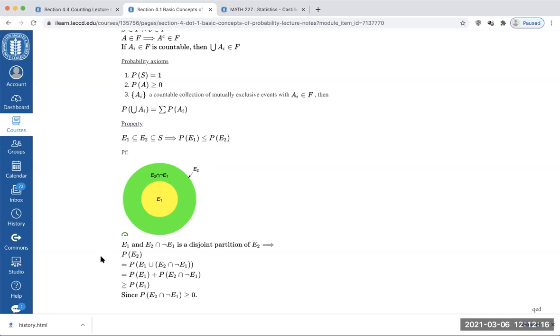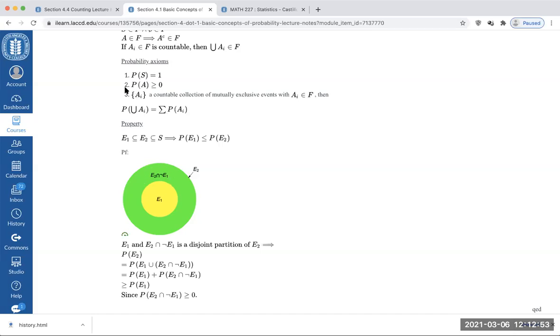So the probability of E sub 2 is equal to the probability of E1 union E2 intersect not E1, and that's because E1 union E2 intersect not E1 is E2. But since these are disjoint, then by the third probability axiom, this is equal to the probability of E1 plus the probability of E2 intersect not E1.